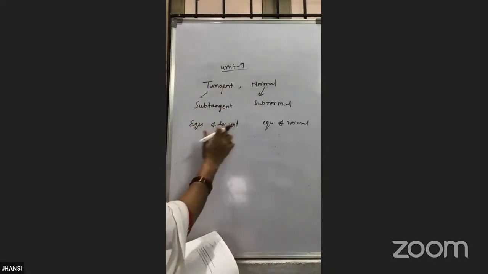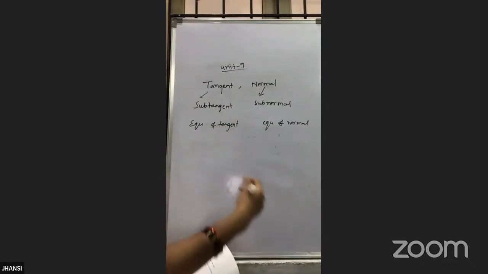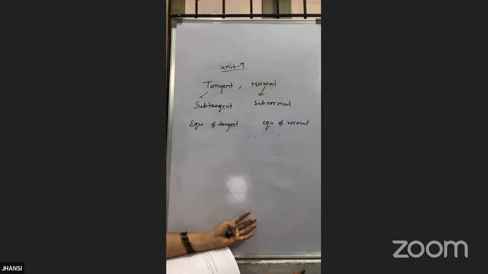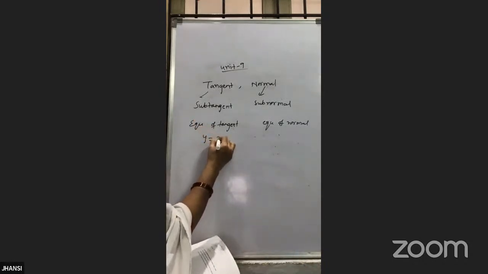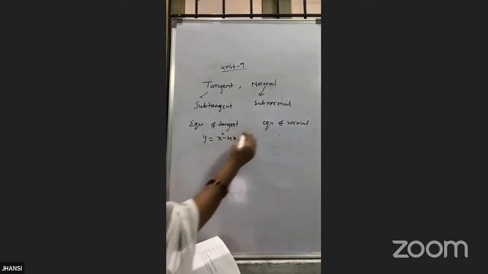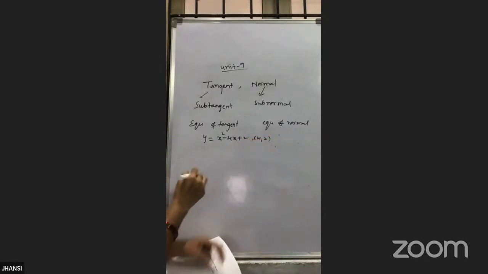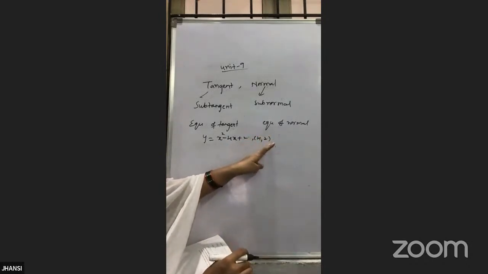The same concept is applicable for tangent and normal. For the equation of tangent, an equation will be given, and you have to differentiate it to get dy by dx. Take this example: y equals x square minus 4x plus 2, and one point is also given, that is 4, 2. This point is x0, y0.